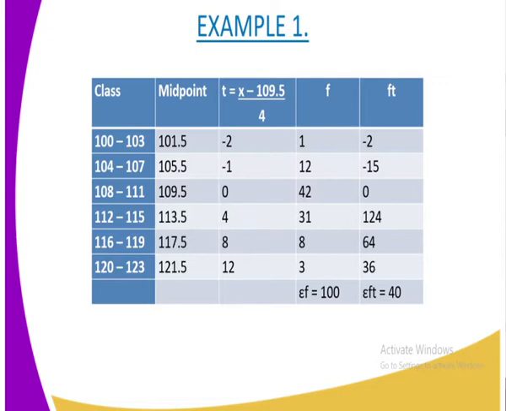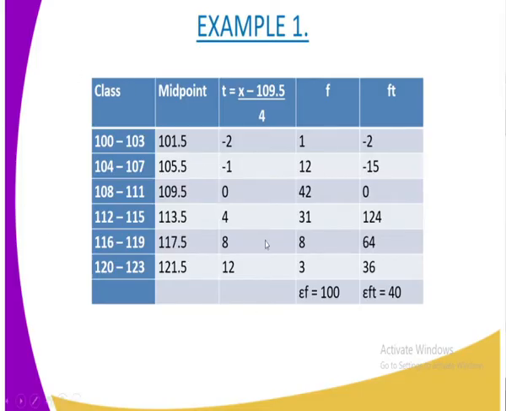You simply take 103 minus 100 and get 3, but that will be wrong. What you normally do is count, because the class of 100 is inclusive and the class of 103 is also inclusive. So that is 100, 101, 102, 103, which means we have 4 classes.